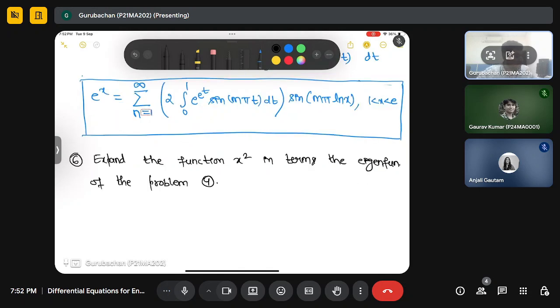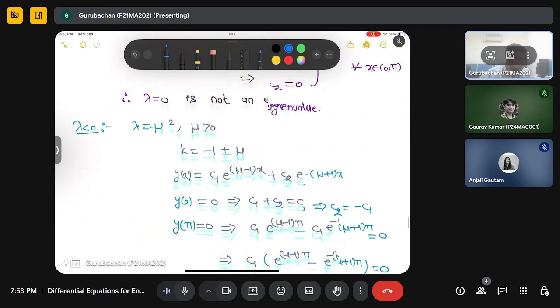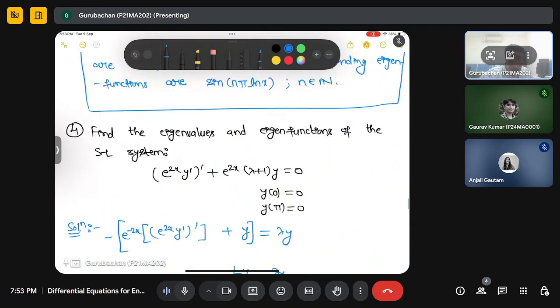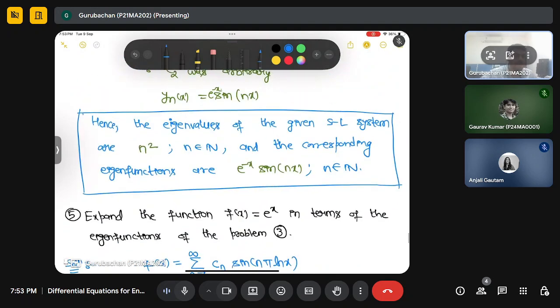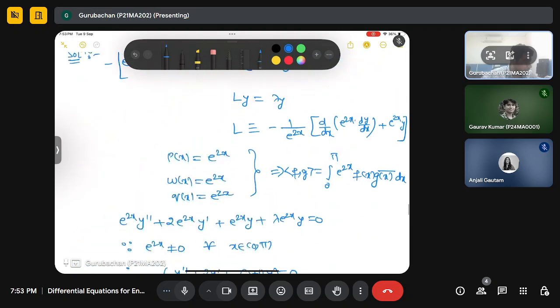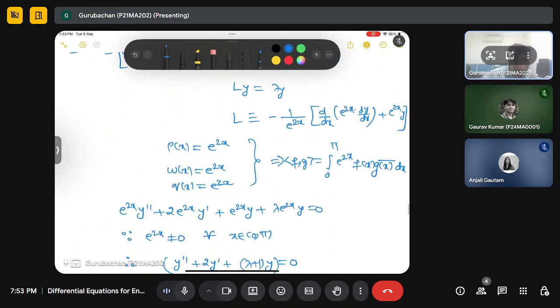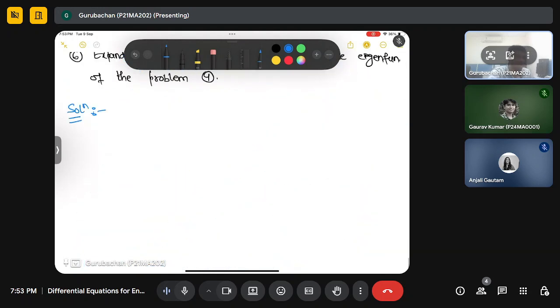So here we have to express this function in terms of the eigenfunctions of problem number 4. In problem number 4, our eigenfunction is e to the power minus x sin(nx), while our inner product has e to the power 2x as the weight function, so we need to take care of that.